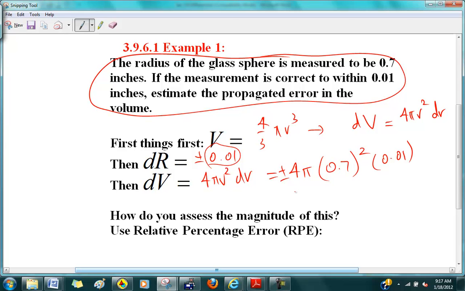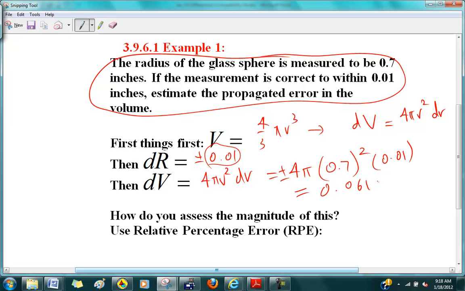Can you plug this into your calculator and give me an answer? Sorry, what did you get? 0.0615.